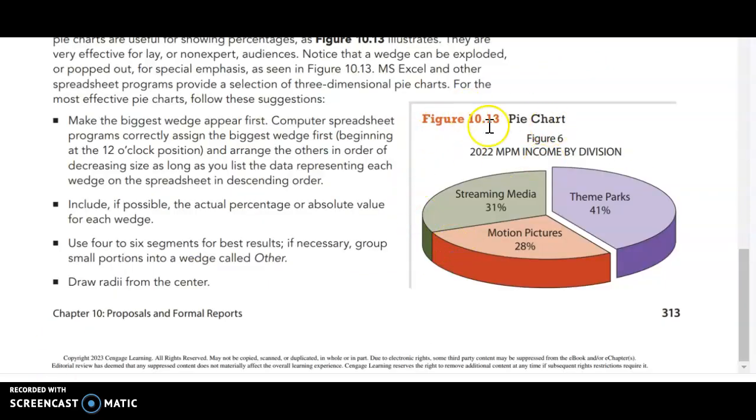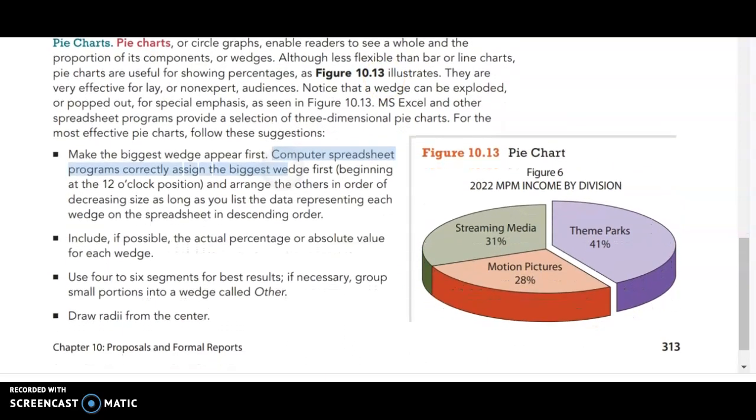And now we're going to look at a pie chart. And this is just a circle graph that enables readers to see the whole. And then this is an income by division, the total income for MPM.